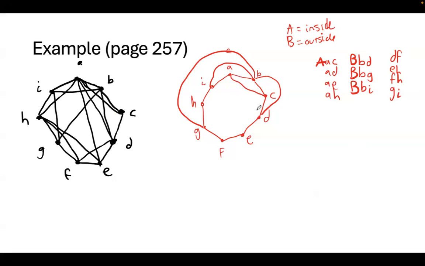AD we could put inside but not outside. AE is okay. AH is okay. DF, BD doesn't interfere with that. EH, same, and GI, same. So after we add things to one of the sets, we are checking which ones it conflicts with, and if it conflicts, that means it's got to go in the other one.